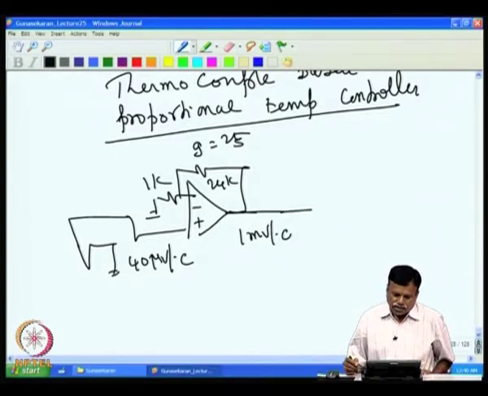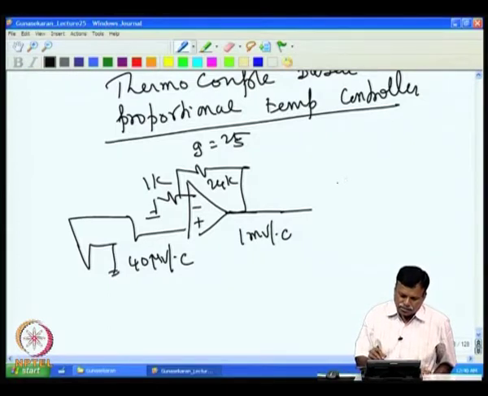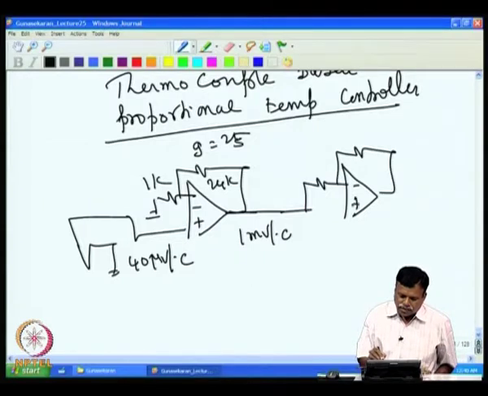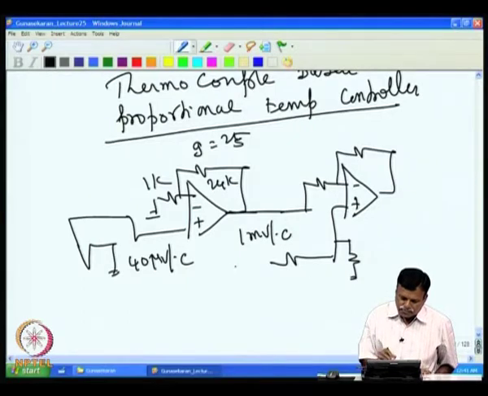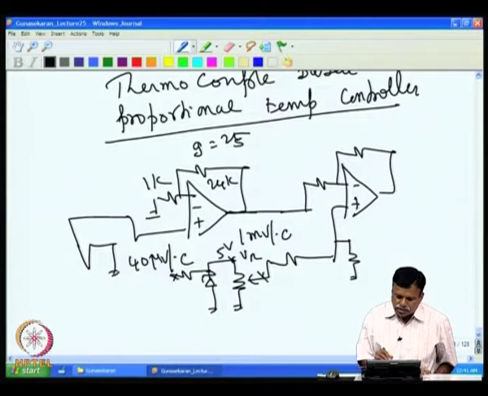Now, we want to make a proportional controller. So, we find the difference between the reference voltage and the actual temperature. We have a difference amplifier here which has the set temperature, that is a V reference, say 5 volt, and we set whatever voltage is required.